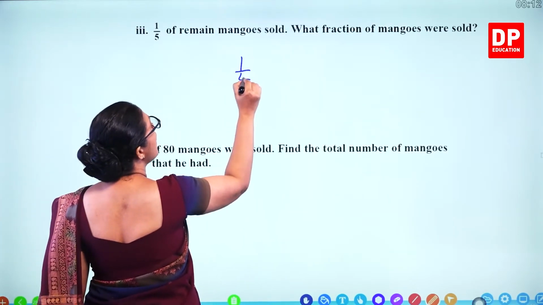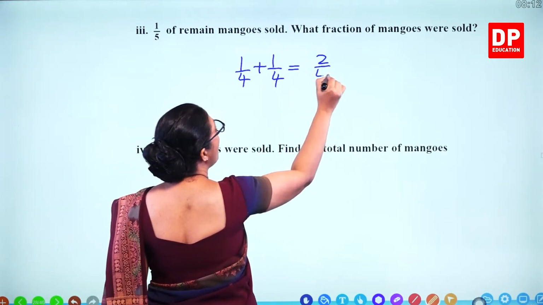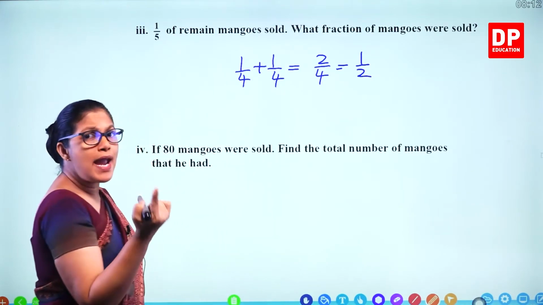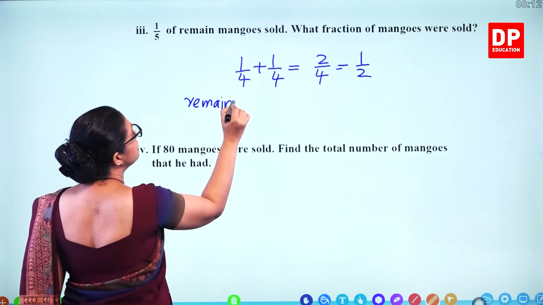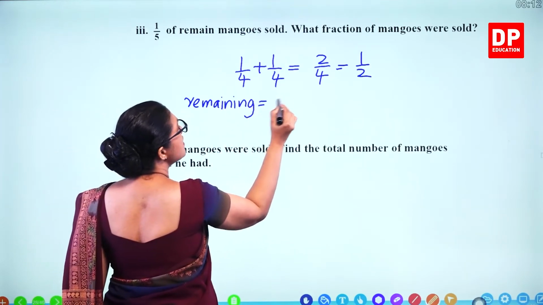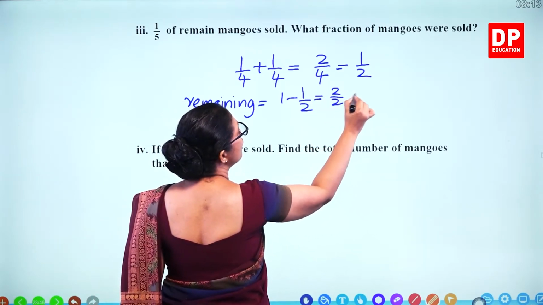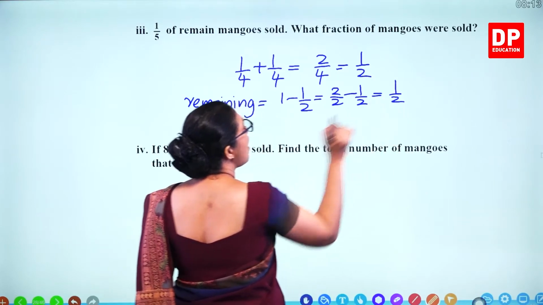So 1/4 and 1/4 becomes 2/4, or that's half. So what's the remaining amount? Remaining part is 1 minus half. That's half. You can write 2/2 as 1, so you get half.